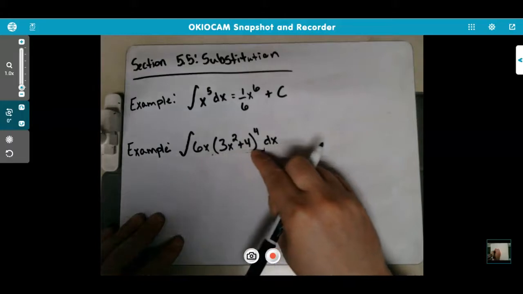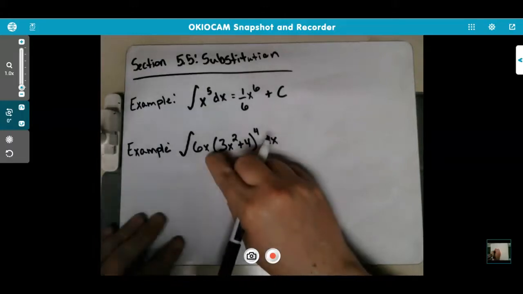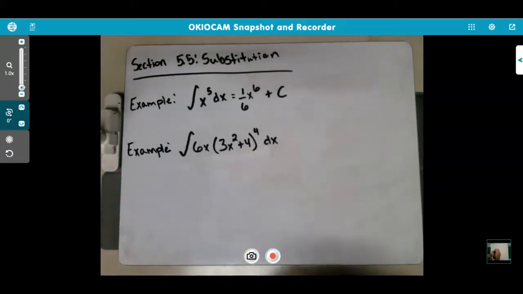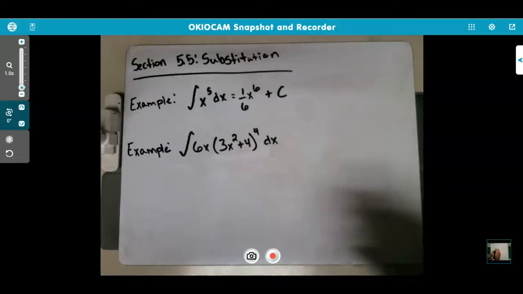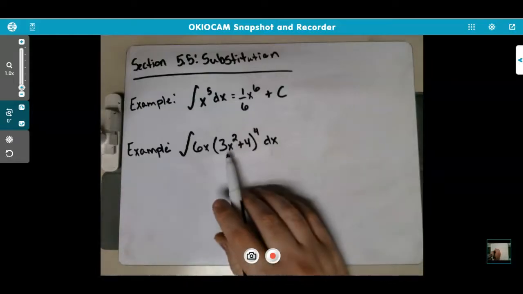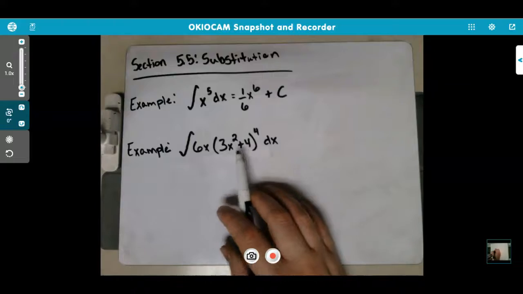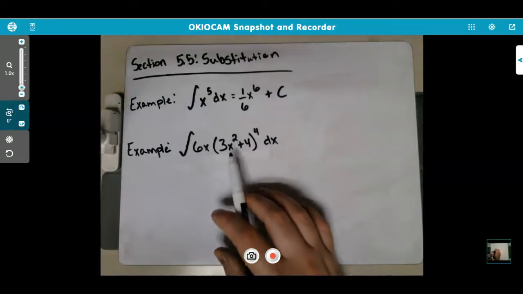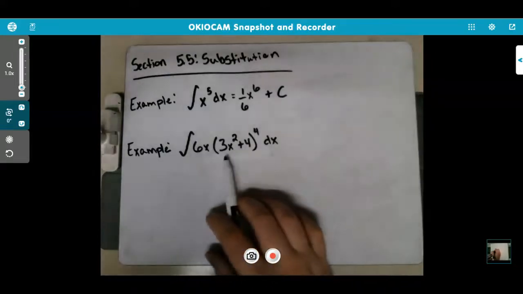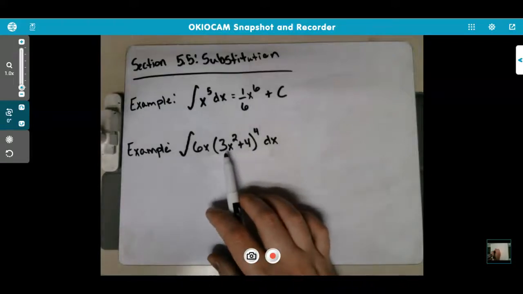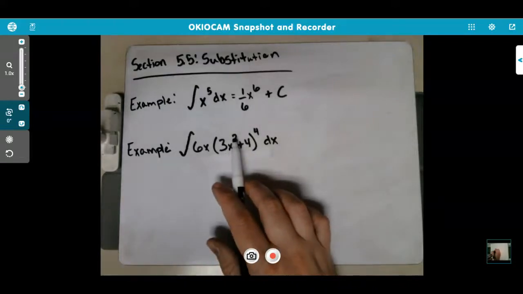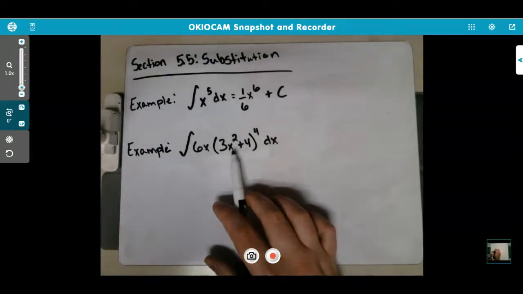So what I want to do in order to go backwards is I want to see what could that inside stuff have been, okay? Well, if I look right here, inside of this is 3x squared plus 4. If this was the inside stuff, I would have had to multiply by the derivative of that. The derivative of 3x squared plus 4, bring down my 2, and I get 6x.